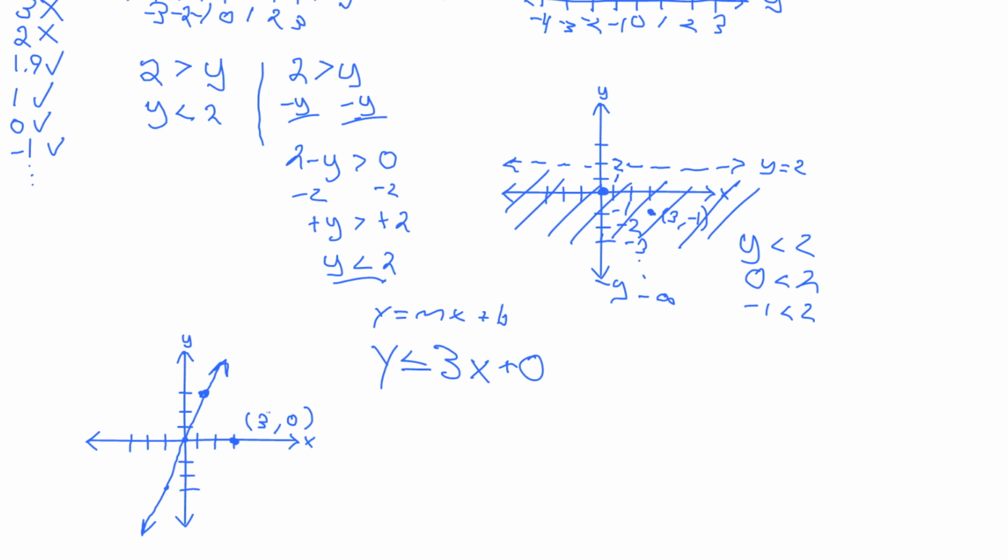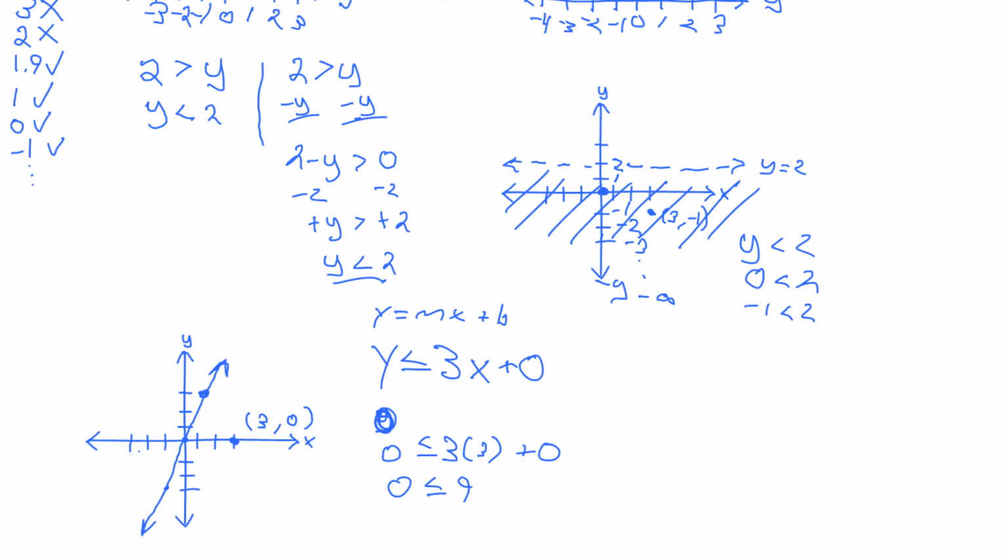We're going to plug the values at this point into our inequality. So y is 0, less than or equal to 3 times x, which is 3, plus 0. 0 is less than or equal to 9. This is true.